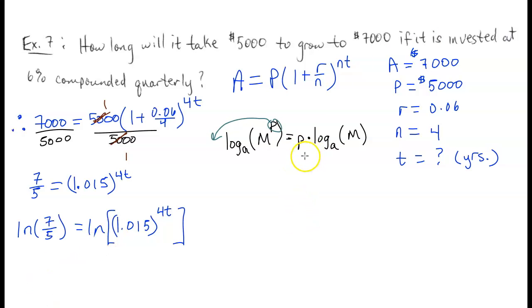And if you have something being multiplied times a logarithm, you could take that and put it back in the exponent. For instance, I could have taken this 5,000 here and put it back here and made this 20,000t if I wanted to, okay? I chose not to do that because I wanted to deal with smaller numbers, not bigger ones.